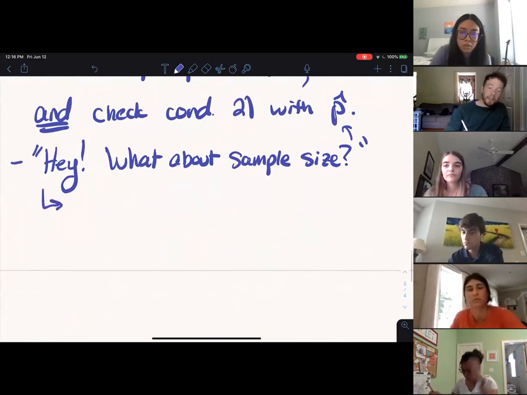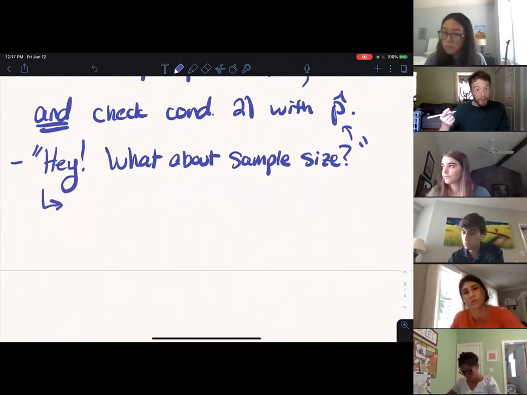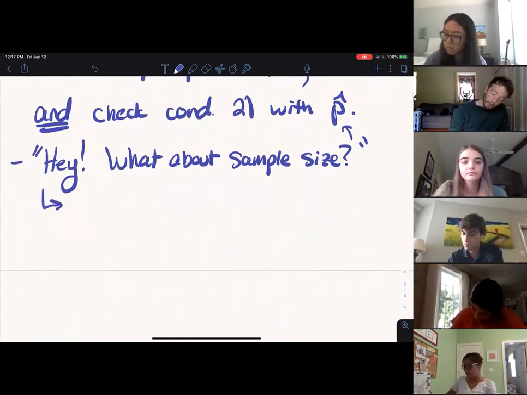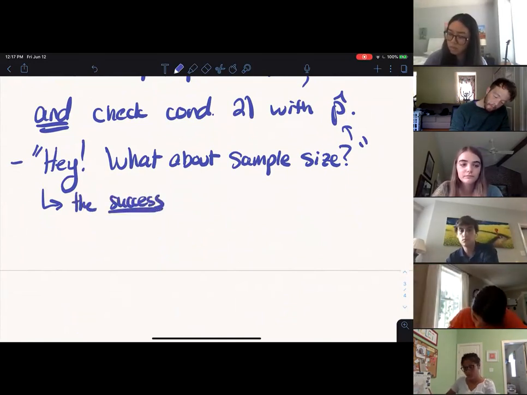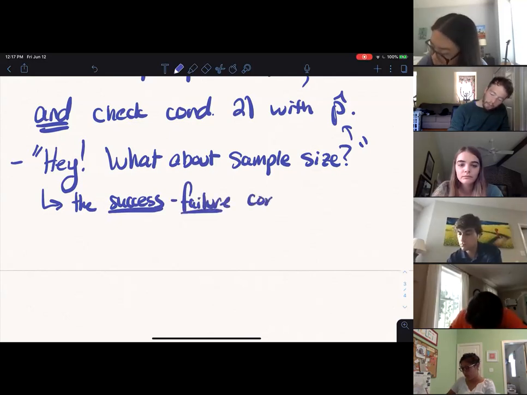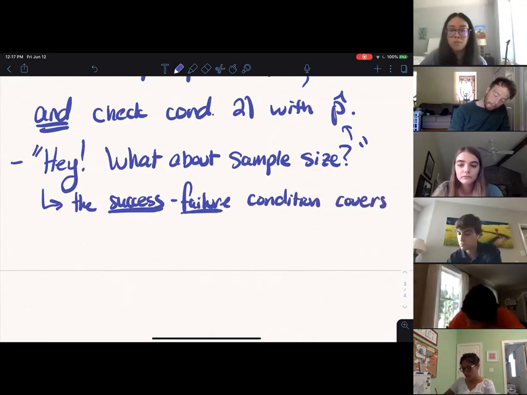Remember, we didn't check to see if our sample size was greater than or equal to 30 in this case, right? And the reason we didn't do this is because the success failure condition covers this implicitly.